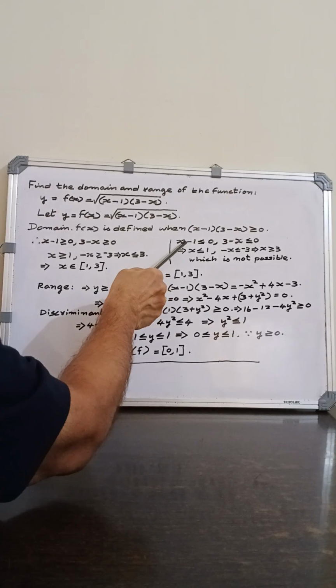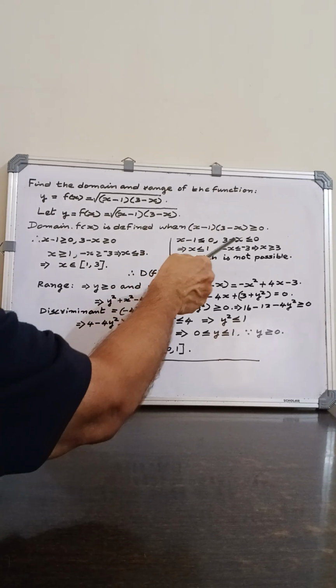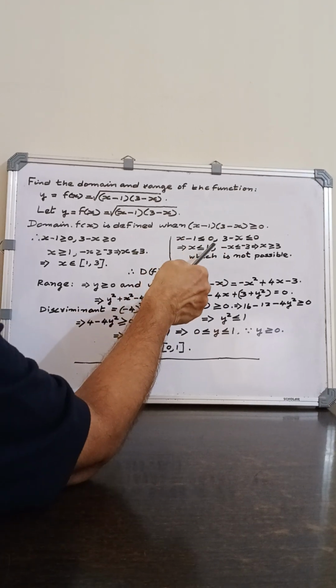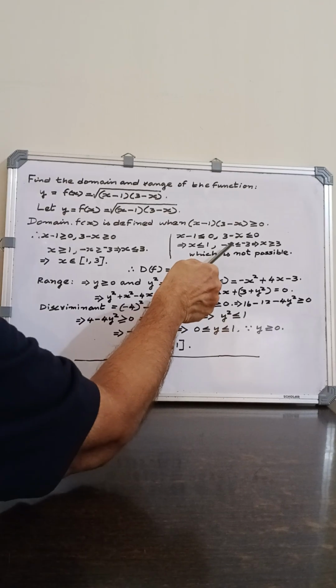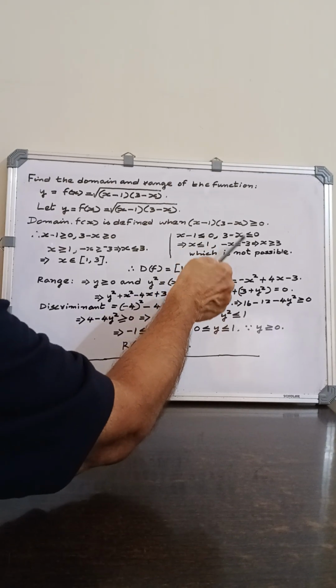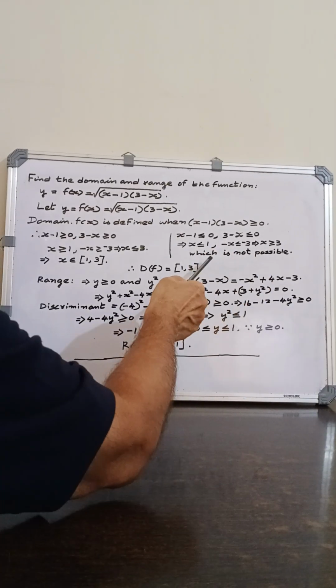Here, the next option we can take: x minus 1 less than or equal to 0, 3 minus x less than or equal to 0. Therefore, x less than or equal to 1. Here, minus x less than or equal to minus 3. When we neglect the negative signs, x greater than or equal to 3, which is not possible.